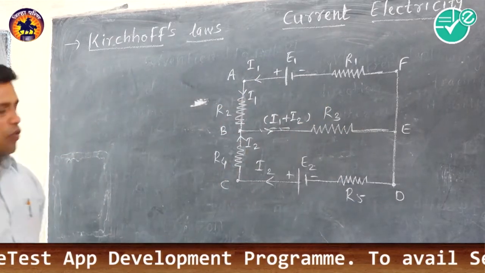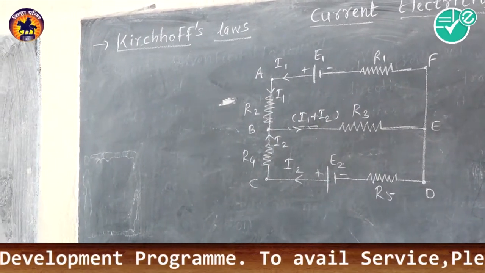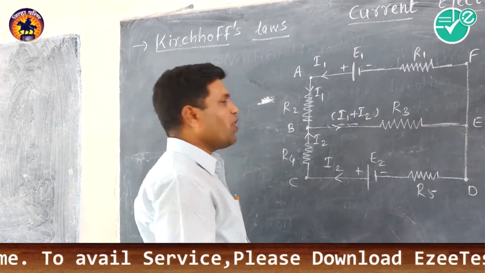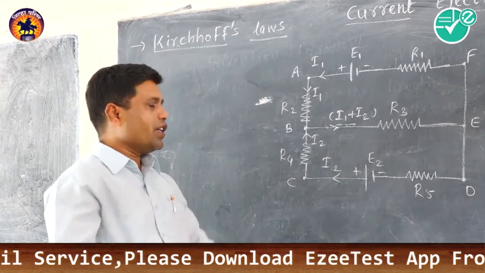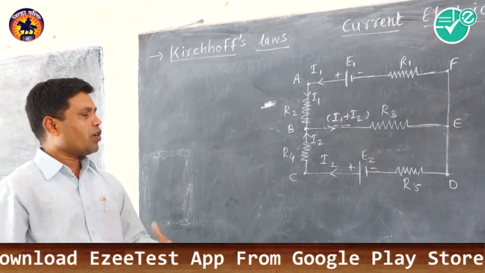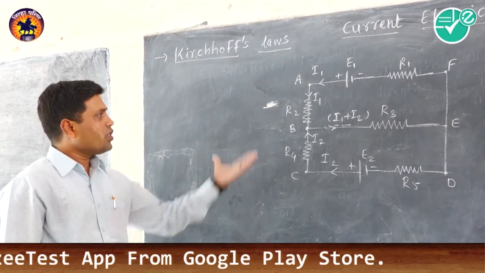For this diagram we have to apply Kirchhoff's voltage law. For applying it we have different closed loops. I have already used the term closed loop network many times. This is the closed loop network.